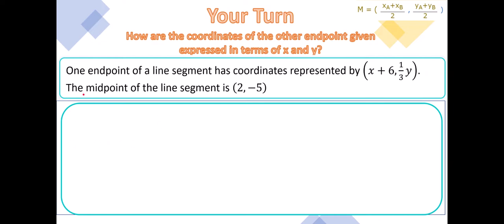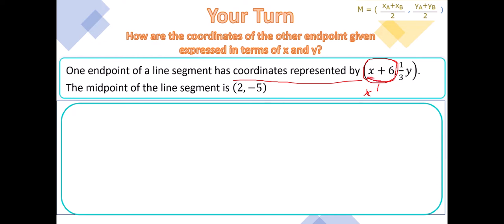All right, we have one endpoint of a line segment that has coordinates represented by x plus 6. So this is where it gets tricky. Here's our expression. You need to pull that apart and remind yourself that that's our x coordinate. Even though the expression has x in it, that's where you might get confused.